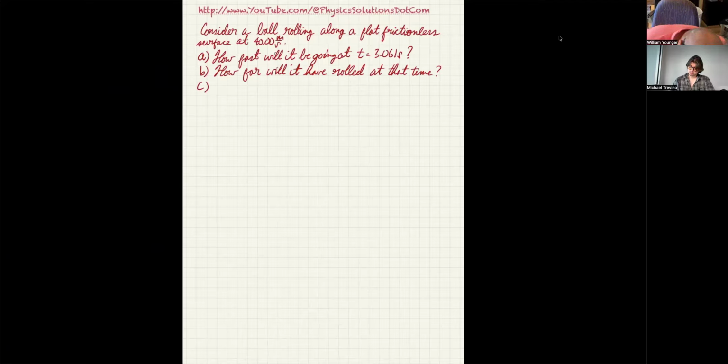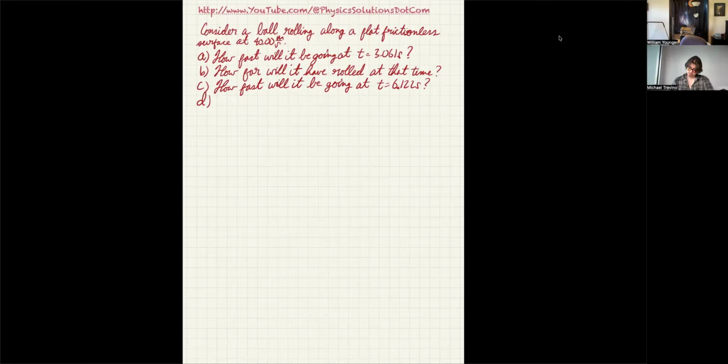C, how fast will it be going at t equals 6.122 seconds? D, how far will it have traveled at t equals 6.122 seconds?